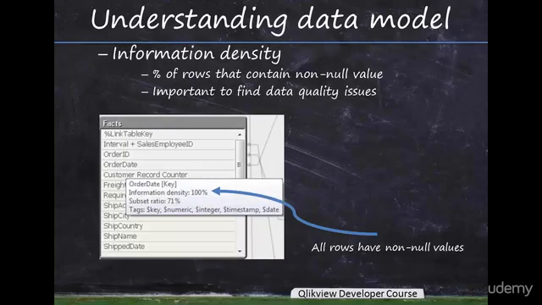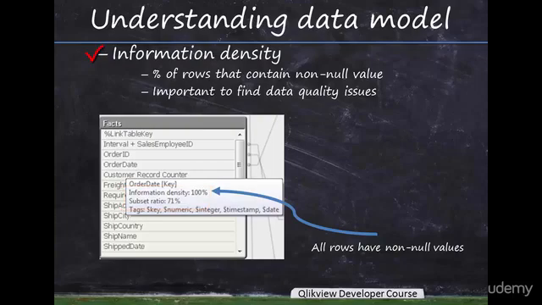Alright, so now let's look at information density. When you look at the internal table viewer, each table contains several fields, and as you hover over certain fields, especially key fields, you will see two values that are important for you as a developer. One is information density and the other one is subset ratio. Let's look at information density first.